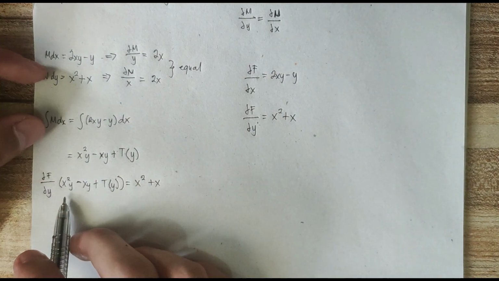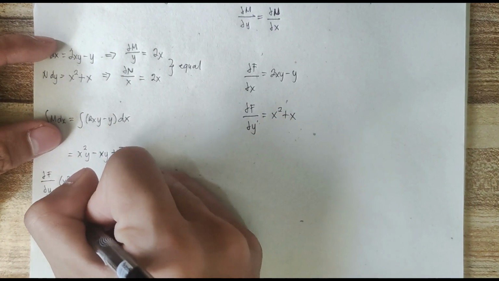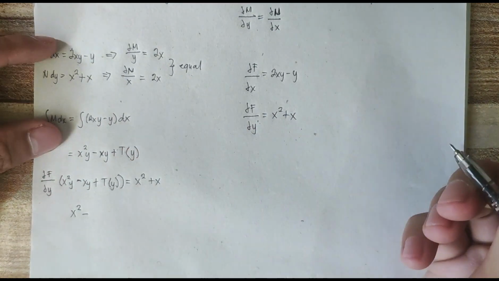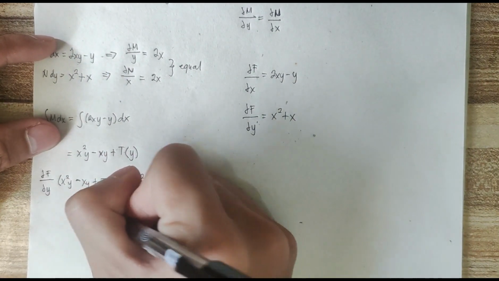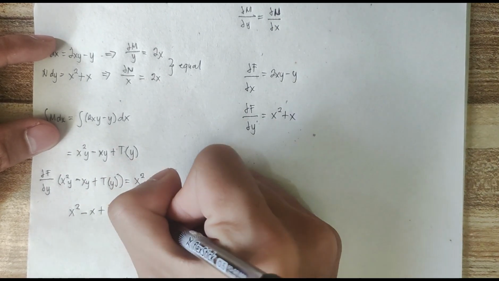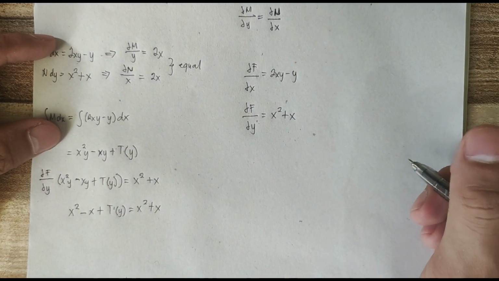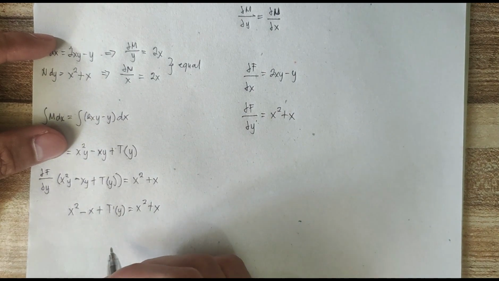Now we derive this function in terms of y. So it is x squared minus x plus t prime of y equals x squared plus x. Then we just simplify this equation.